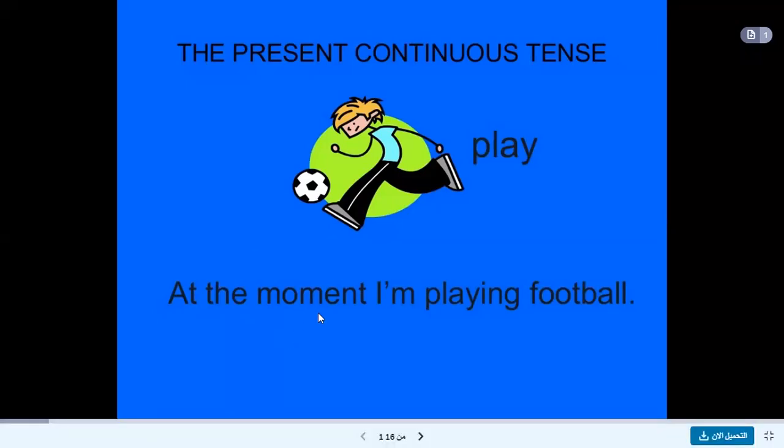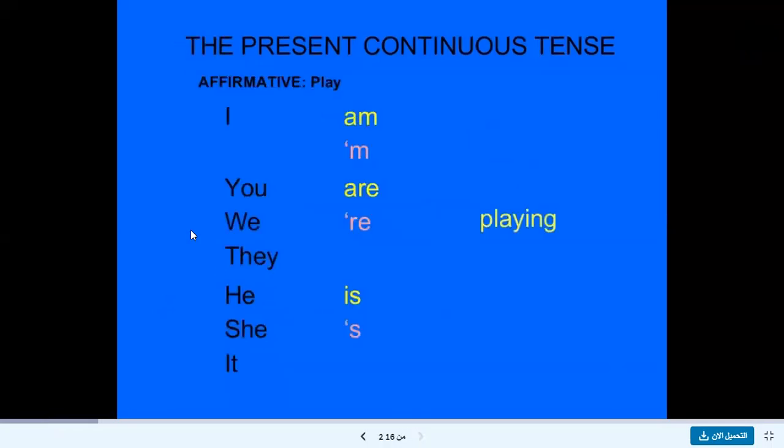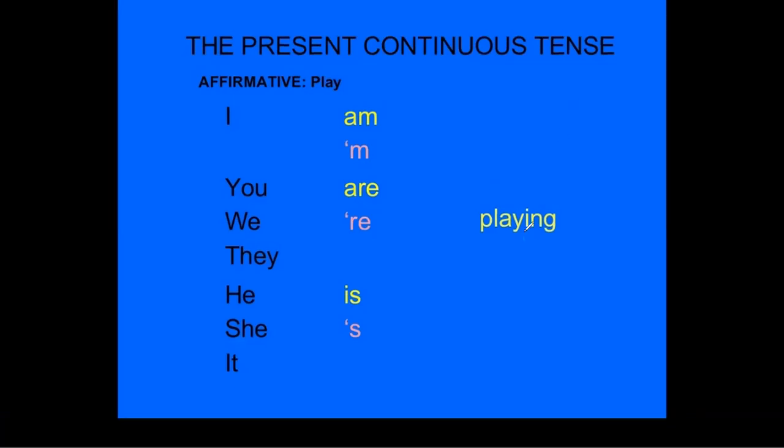I am sleeping. At the moment, I am playing football. You see, this boy is playing now. You can see him now in the picture. He is playing football. With I, use am or 'm. You, we, they use are or 're. He or she or it use is or 's. And don't forget to add ing to the verb here.